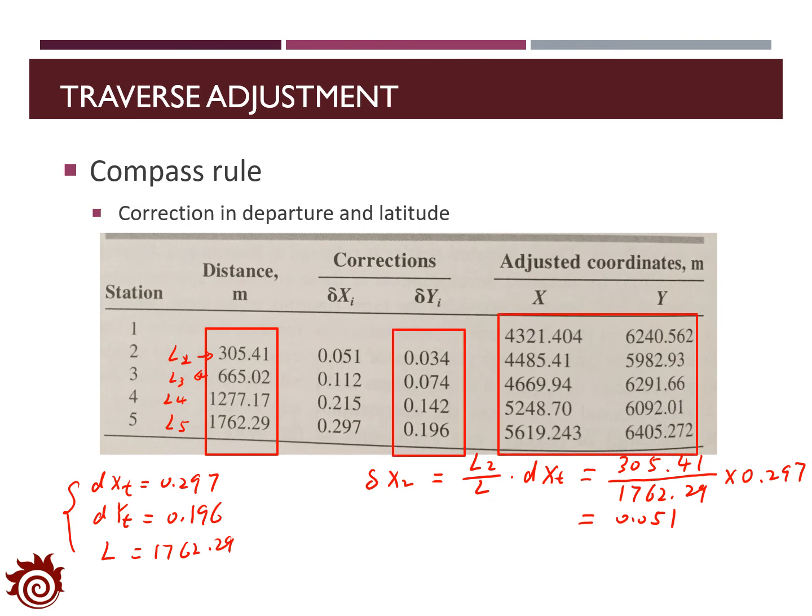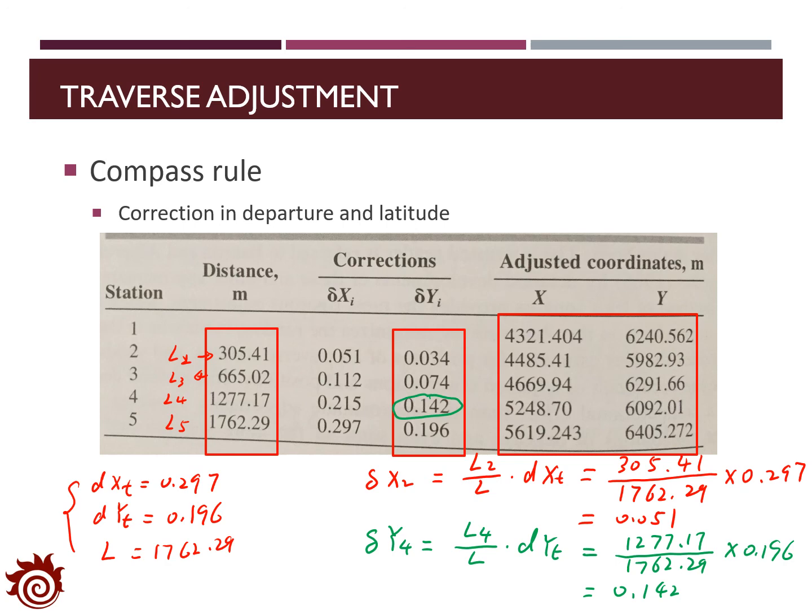Similarly, you can find out the correction for the latitude. Say that if we are considering the first point, that is delta y4 equal to L4 over L times dyt, that is 1277.17 over 1762.29 times 0.196, which is 0.142.